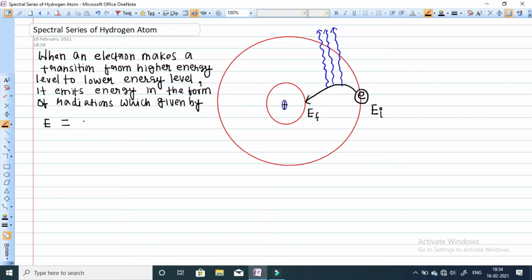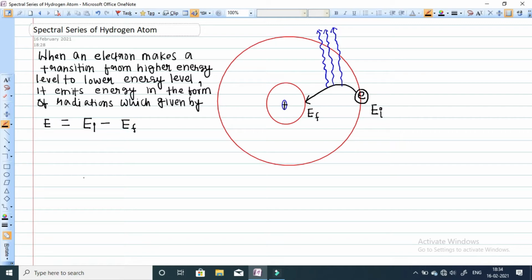Initially the electron was revolving around the positively charged nucleus with a fixed energy E initial. Now it is making a transition to a lower energy state, and its energy is, suppose, E final. Then the difference of these two energy states will be E initial minus E final, and this much energy will be emitted when the electron makes the transition.